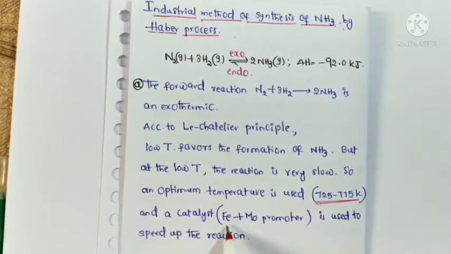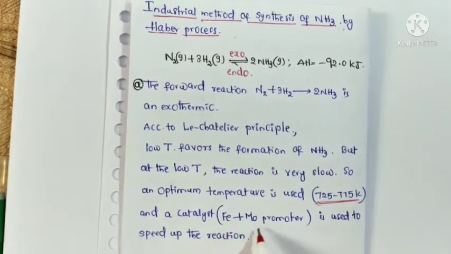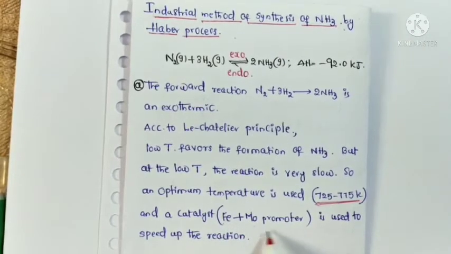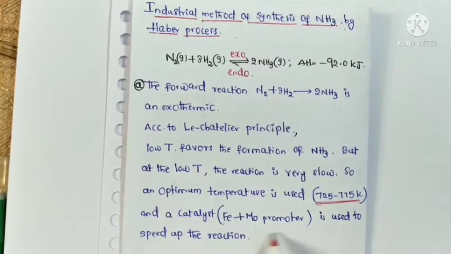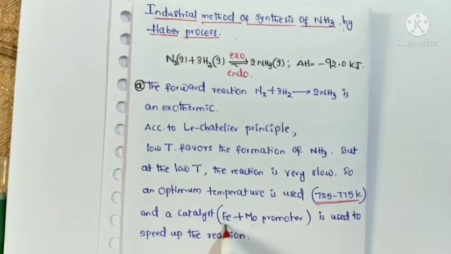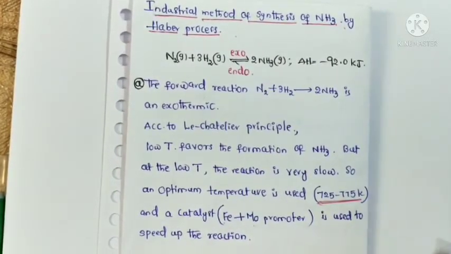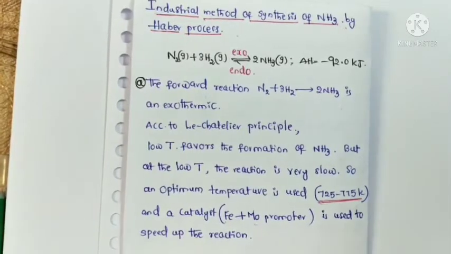Which catalyst? Iron is the catalyst, and molybdenum is a promoter. So both are used: one is the catalyst, one is the co-catalyst, which we can call a promoter, molybdenum. These are used to speed up the formation of ammonia.